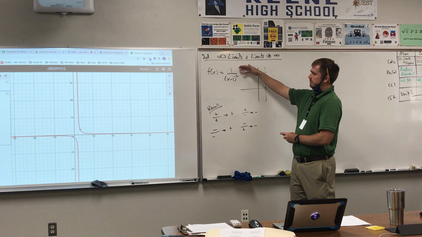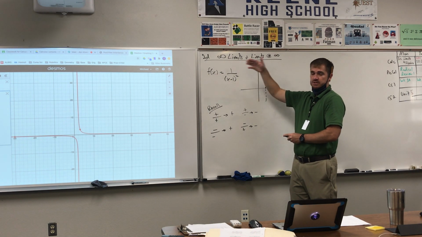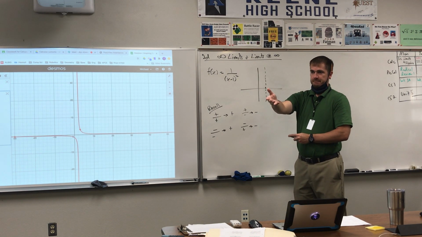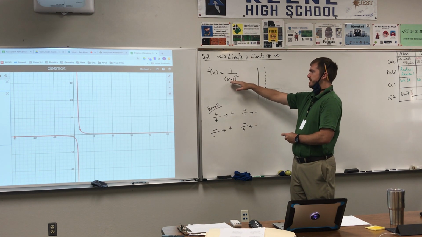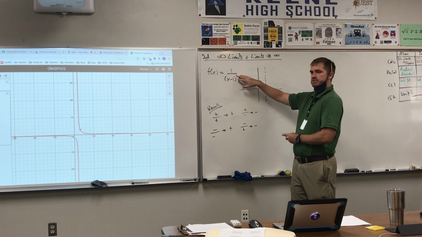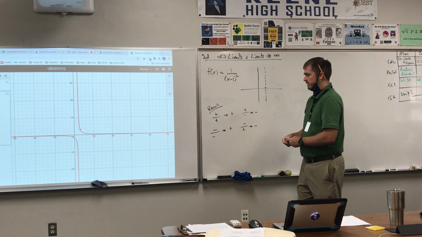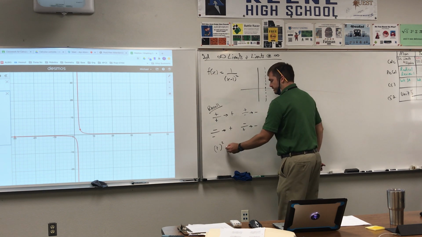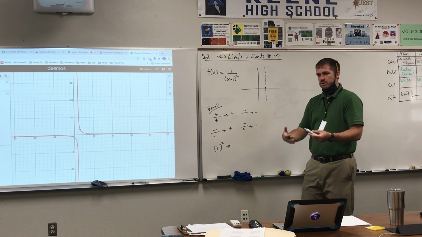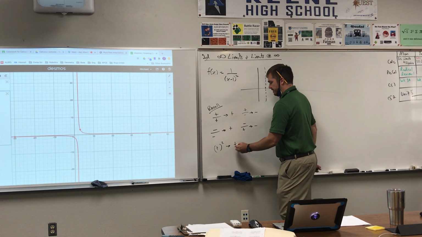Let's look at this problem. The numerator, we can see, is 1, hence always positive. The denominator says x minus 1, but that quantity is squared. So, something else to remember, a positive times a positive is always going to be what, class? Positive or negative? It's always going to be positive.